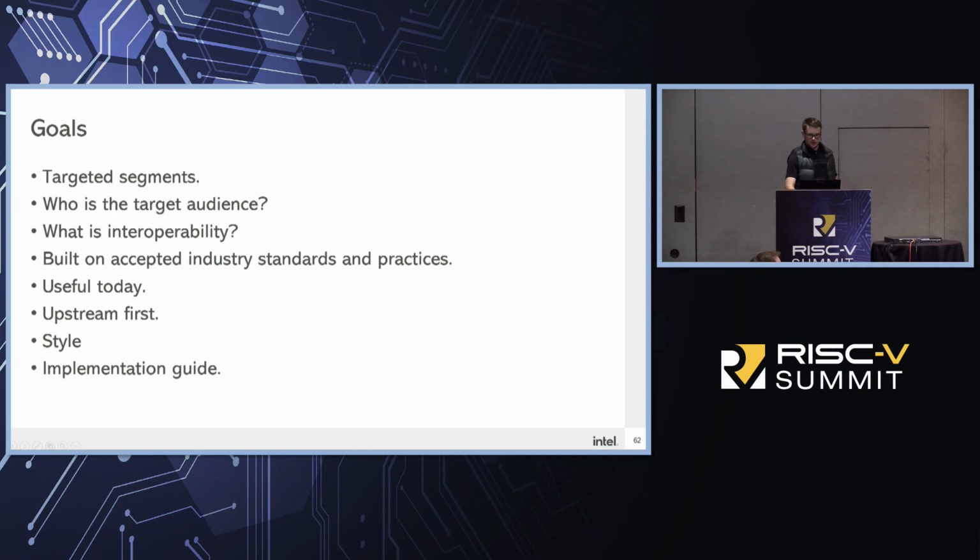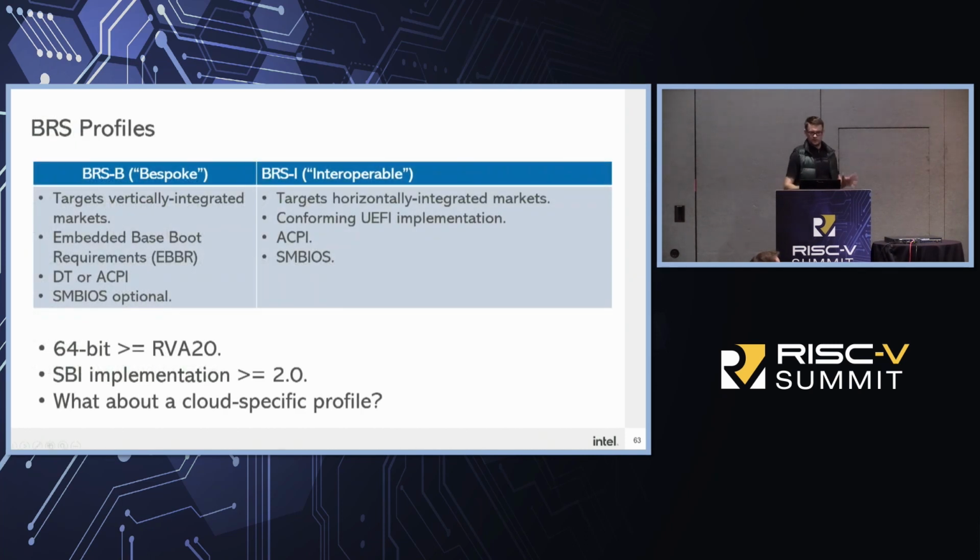All right. Okay, so BRS profiles, we have two flavors of these. Again, one we're calling bespoke. That's effectively the EBBR style, for those who are familiar with that term. It's the vertically integrated, embedded, but not necessarily low performance.